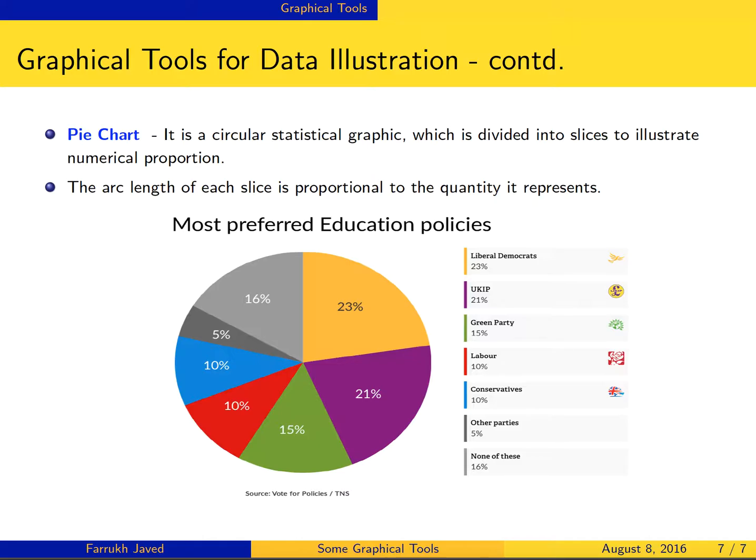Finally, I have another very informative plot, which is the pie chart. It is a circular statistical graph which is divided into slices to illustrate numerical proportions. If I divide the total proportion of particular data into different groups, how much of the total each group has can be easily depicted through a pie chart.